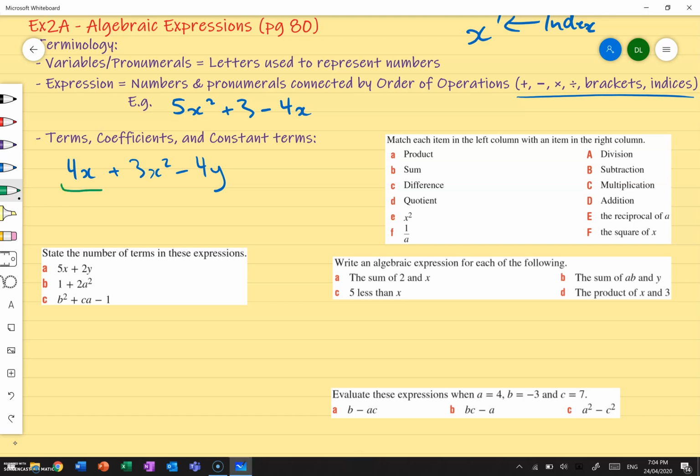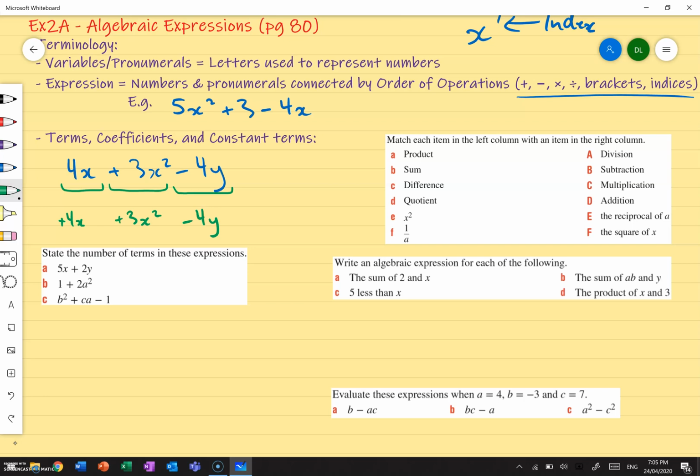There's nothing in front of the first one, but we know it's a positive because there's nothing there. So it's a positive 4x, that's my first term. My second term is positive 3x squared. And my third term is negative 4y. Remember, there is a negative there, and we have to consider that. So those are my three terms.